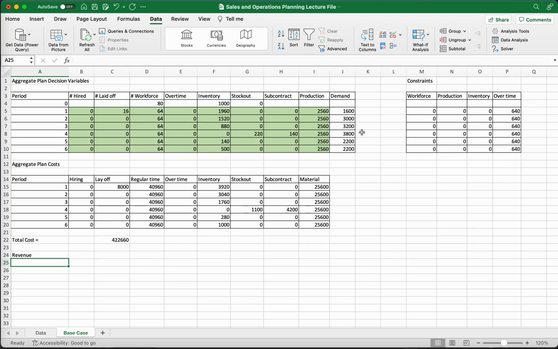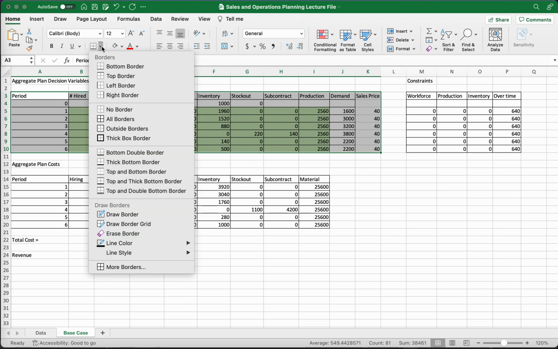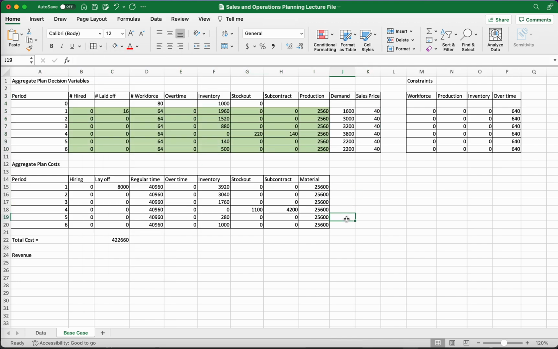One other piece of information that we have right now is on revenue. We are going to sell the items at $40 per unit. So the revenue will be just $40 times each of these numbers, so we can say $40 times the sum of total demand.